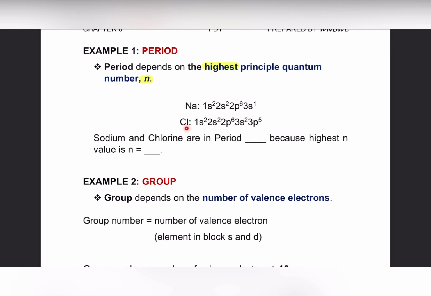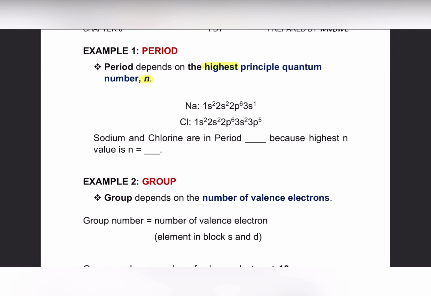Same for the chlorine, dia ada 17 proton number, so 17 elektron. Dan saya telah tulis electronic configuration untuk 2 elemen tersebut. Saya nak tentukan period untuk dua-dua elemen ini, dan period kita bergantung kepada highest n value.